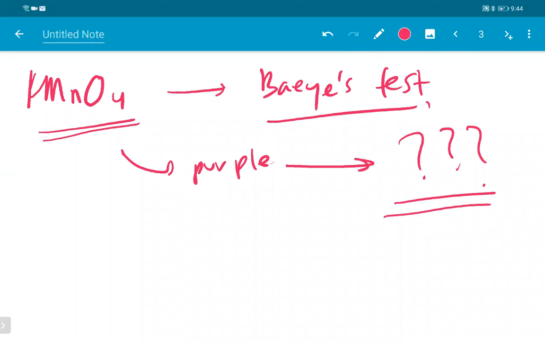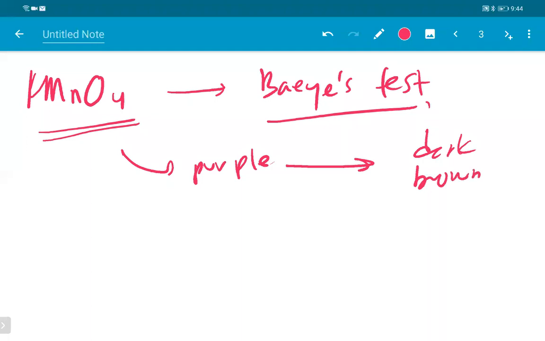Boleh baca kat komen. The term is dark brown precipitate. There is a precipitate of dark brown if it is positive. Kalau negatif apa jadi? Remains unchanged.